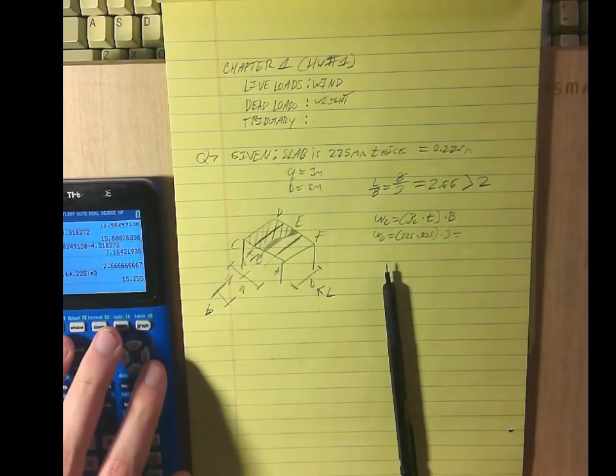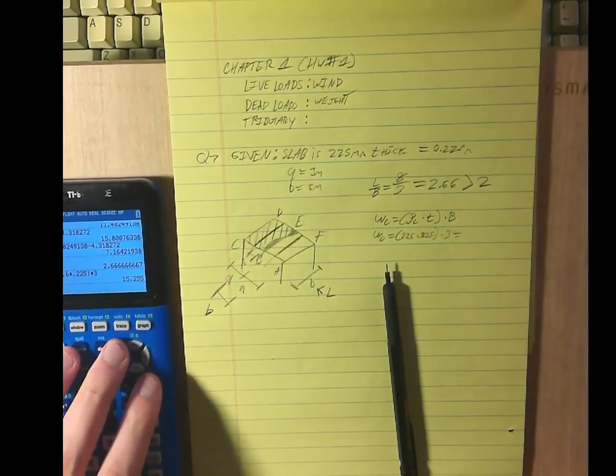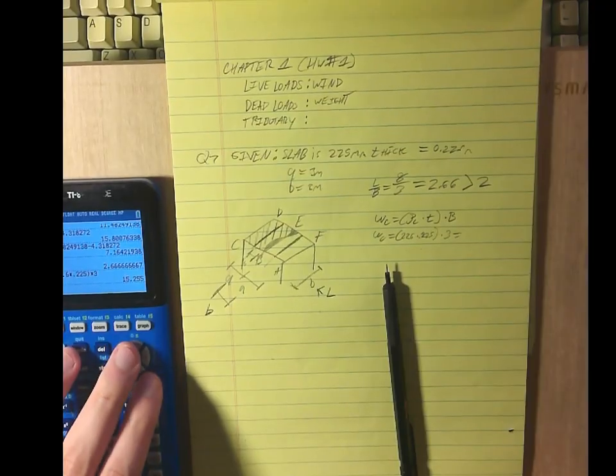Tributary width, I'm sure B is equal to 3 meters.